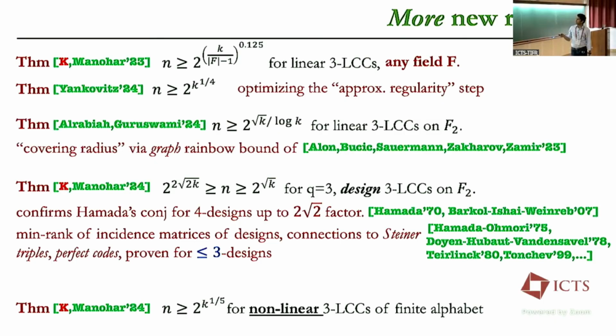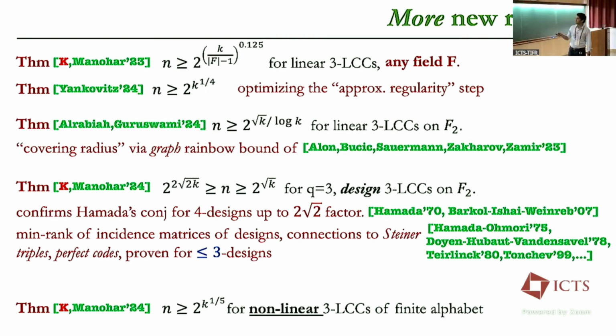And somewhat interestingly, we showed that if your 3 LCCs have a special structure called design, which is what the connection of Barkol-Desai-Weinrev was to this Hamada, then it turns out that our technique works much better than we expected. We can actually just prove that the answer is 2 to the root k up to this 2 root 2 factor.